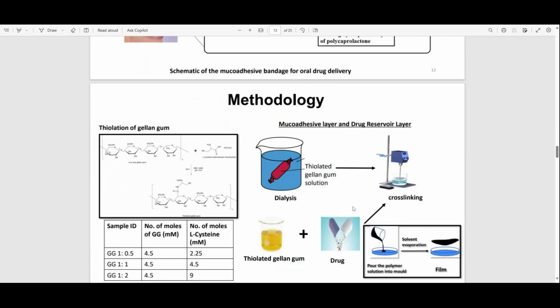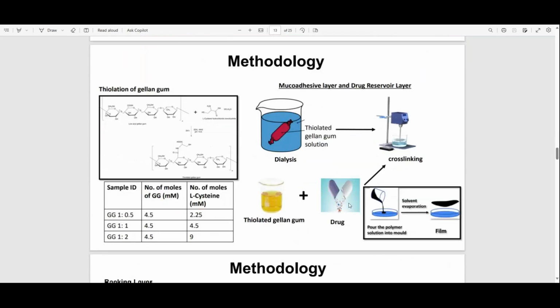Coming to the methodology, as I mentioned, there are different mucoadhesive polymers available, but the mucoadhesive properties of those polymers are still not that effective. That is why these gel systems come out very easily. So we would like to improve the mucoadhesive properties of the polymer system first, before designing the product.